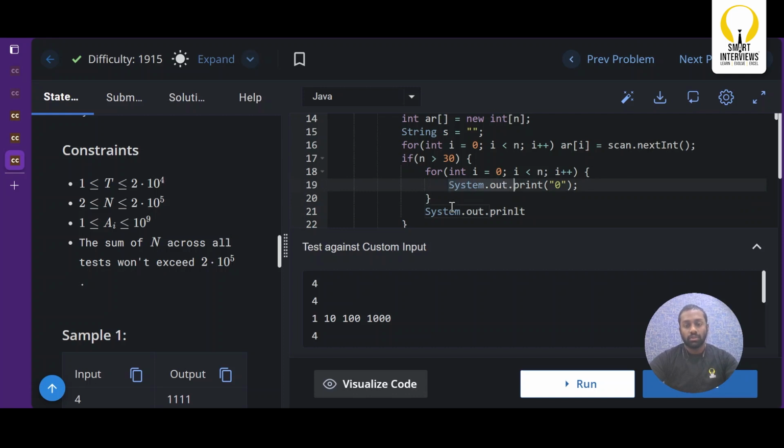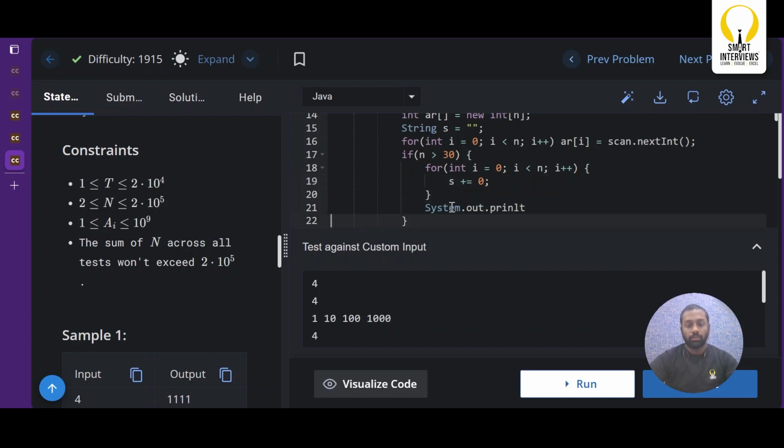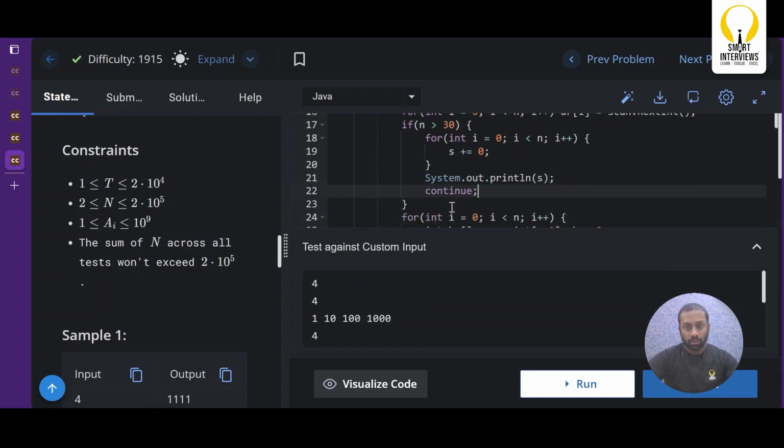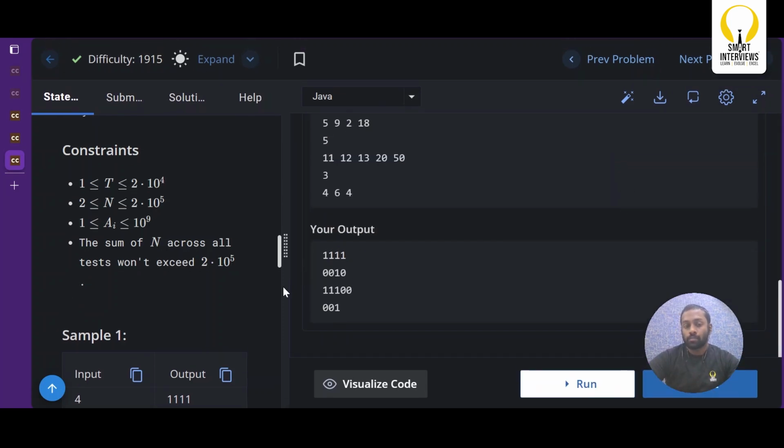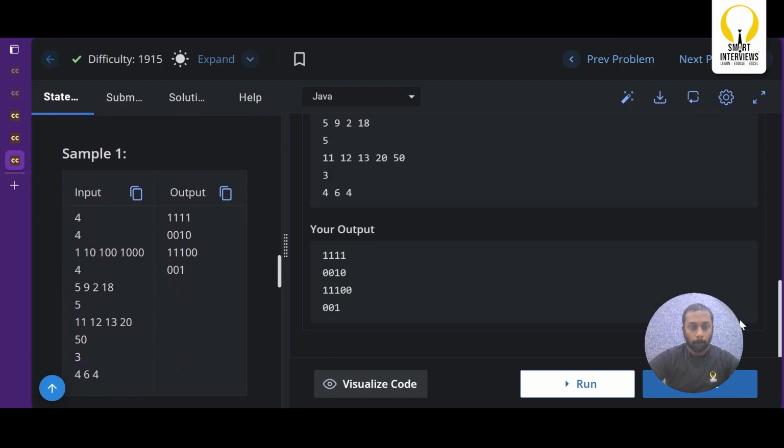So let's just shrink it to that. You can also do S plus equal to 0. It will take care of typecasting to string. Println of S and continue to the next test case. Let's see if this works. Worked.